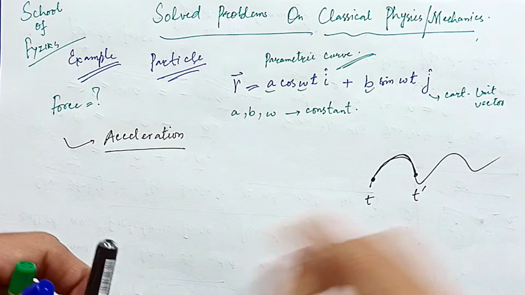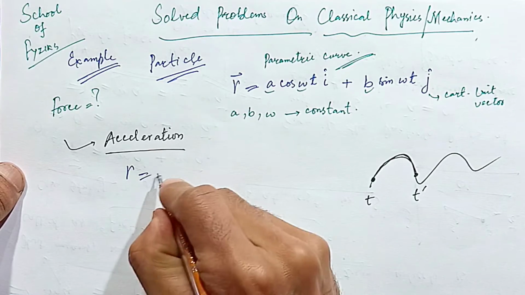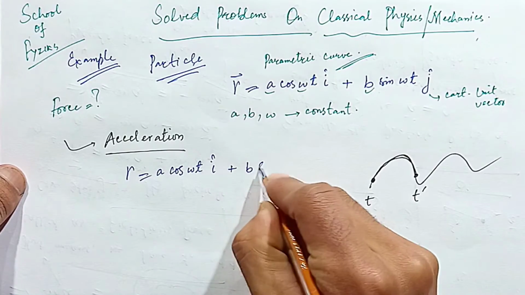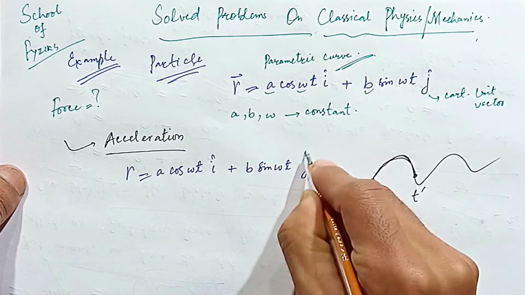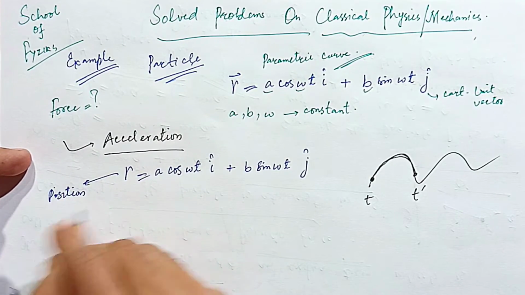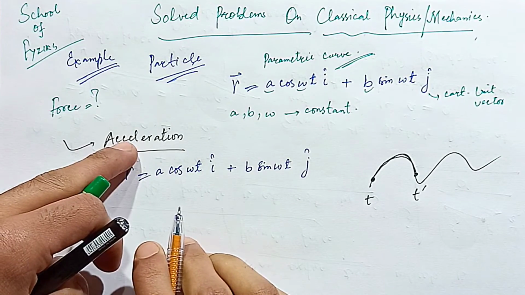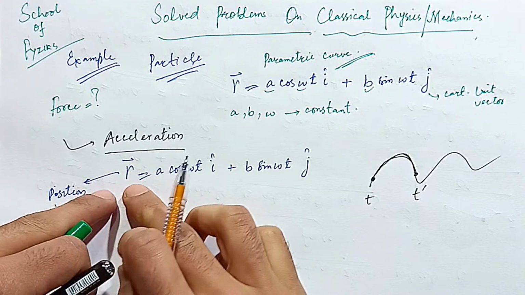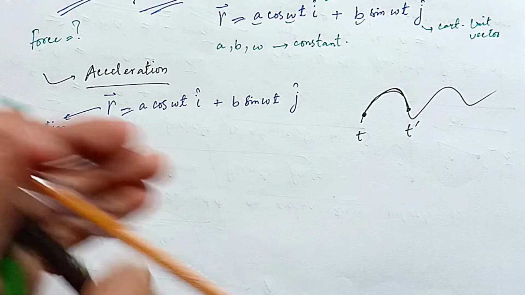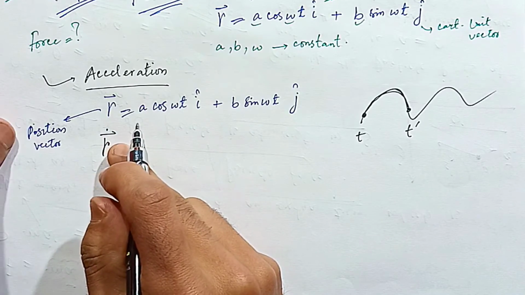So the position vector at any instant of time, r, is given by a cosine of omega t i plus b sine of omega t j. This is the position vector of that point particle along the parametric curve, okay? To calculate the acceleration we need to differentiate this position vector twice with respect to time. So differentiating first, we get r dot, that is dr by dt.